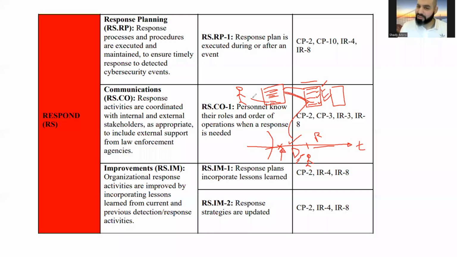Now he got alerted that something happened. Once alerted, he needs to investigate whether it's a real incident or just a false positive. Maybe a user just forgot his password, or maybe someone is trying a brute force. So his job is not only to detect, but also to investigate. Once he finds it's a real case, he will move it to the incident response team, and that's why incident response is here.